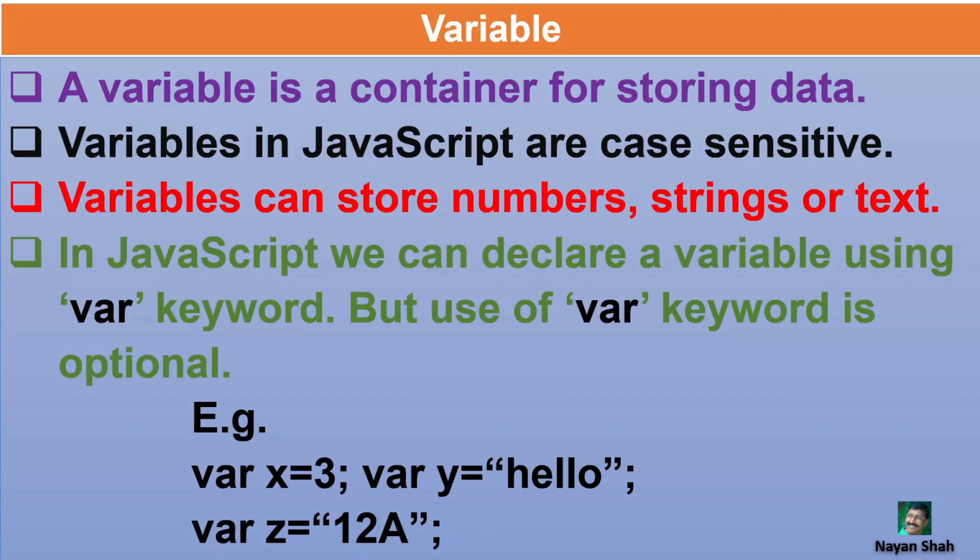Variable. You know variable, if you are doing maths in your numericals in physics or numericals of chemistry or even in maths group students, you know variable. When we say suppose x is equal to 10, so that x is a variable. The variable is a container for storing data.